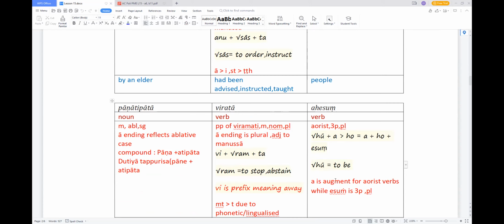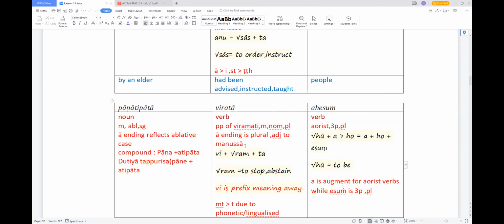After that, the other verb, which is a past participle here, is Virata, a past participle of Viramati. Since this refers to the subject, the analysis is masculine nominative plural with the long A ending, again an adjective to Manusa.